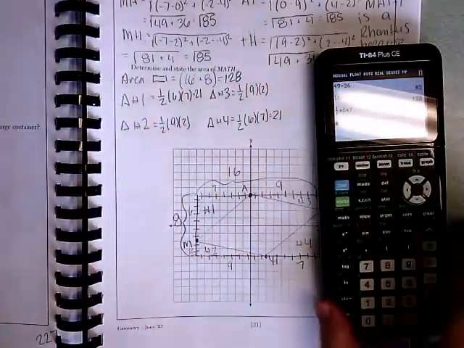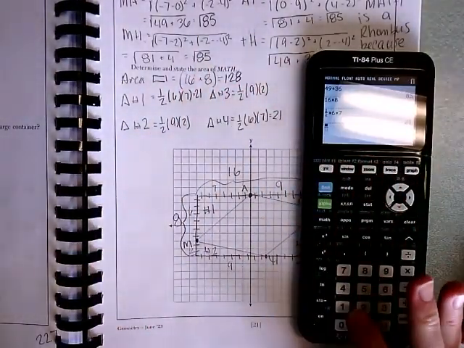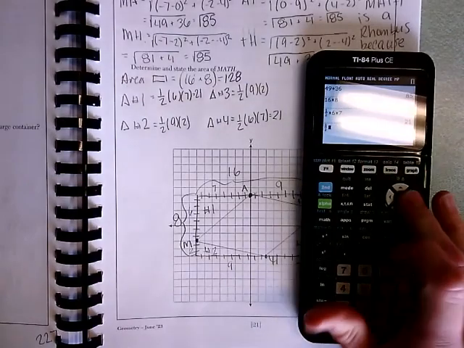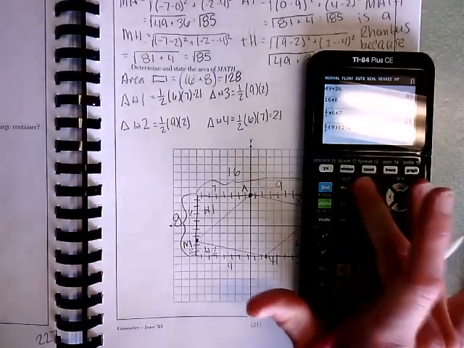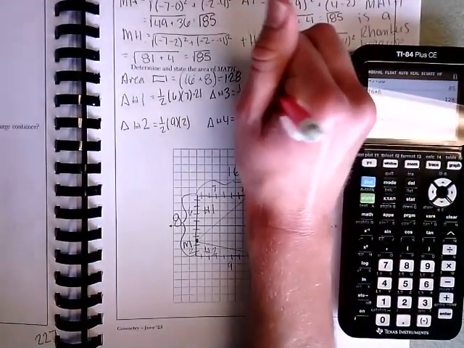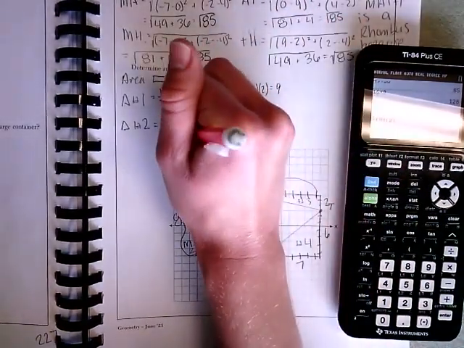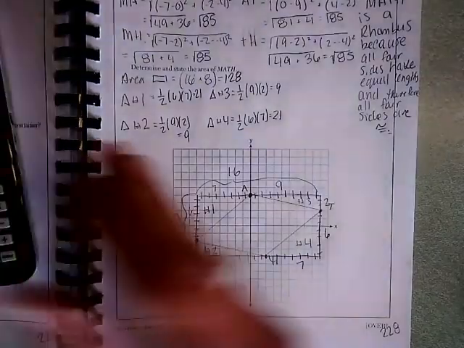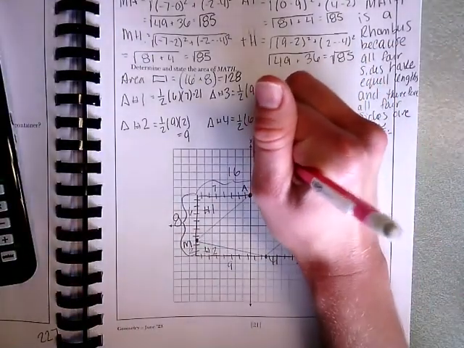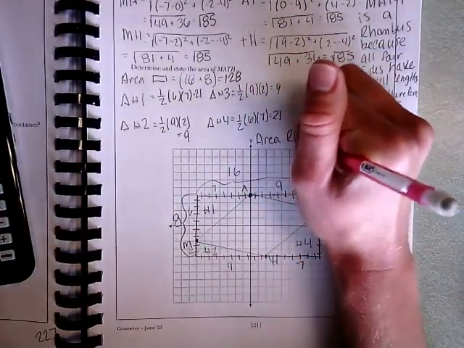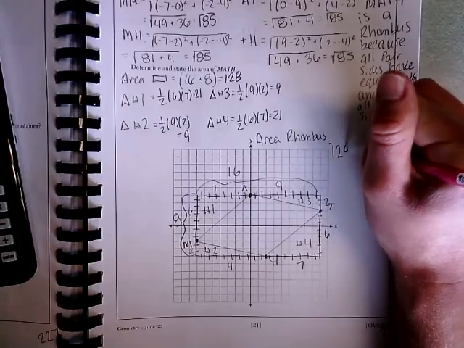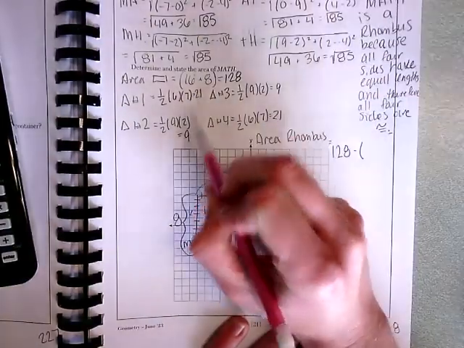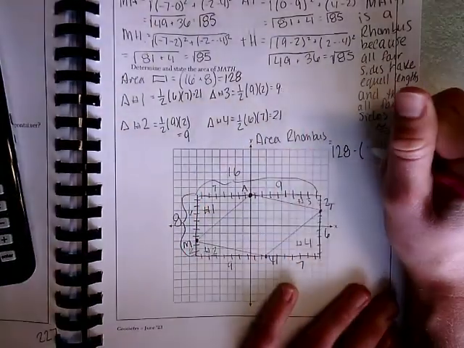And then triangle number 3 and triangle number 2 is 9 and 9. Okay, so my total area of the rhombus is 128 minus this plus this plus this plus this.